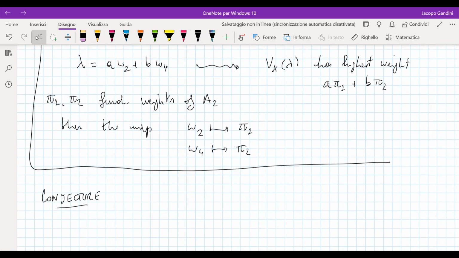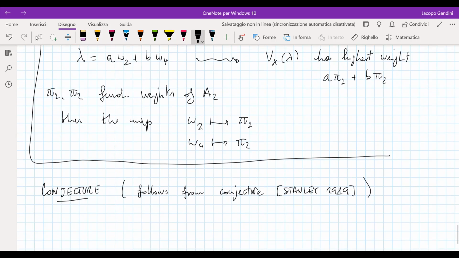We have this conjecture. Before stating it, just to give some attribution, in some sense it follows quite easily from another conjecture of Stanley. Well, easily, you need some technicalities, but they're kind of classical things. This conjecture was formulated by Stanley in 1989, and it is about Jack polynomials.